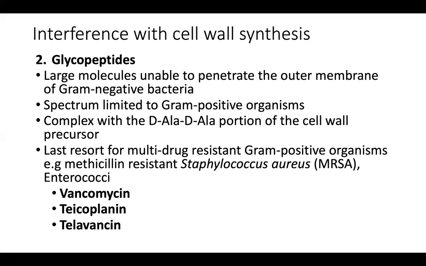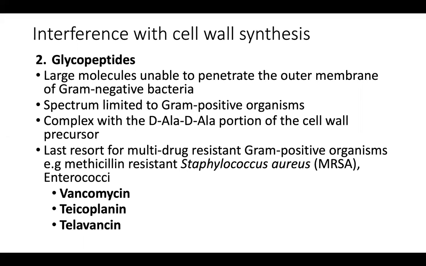Now, these are reserve drugs. What are reserve drugs? Reserve drugs are drugs that ideally should not even be in circulation in chemists and so on. They have been reserved for specific purposes. So glycopeptides have been reserved as a last resort for infections caused by multi-drug resistant, or MDR, gram-positive organisms.